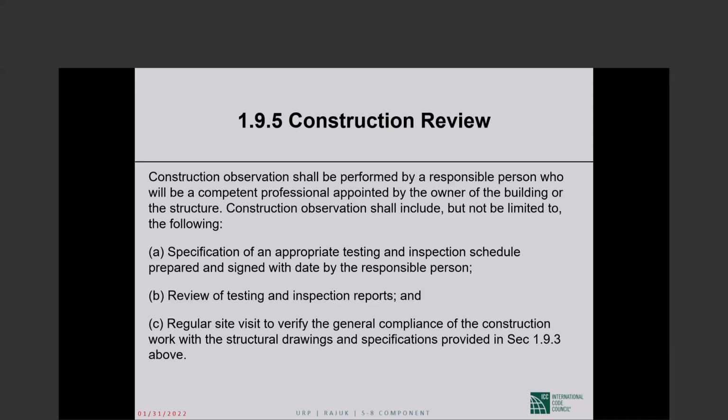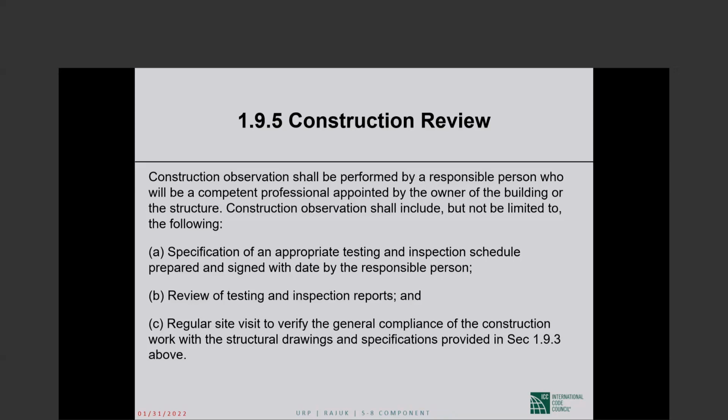Okay? So appointed by the owner of the building or the structure. Construction observations shall include but not be limited to the following. Construction observation shall include specification of an appropriate testing and inspection schedule prepared and signed with date by the responsible person.